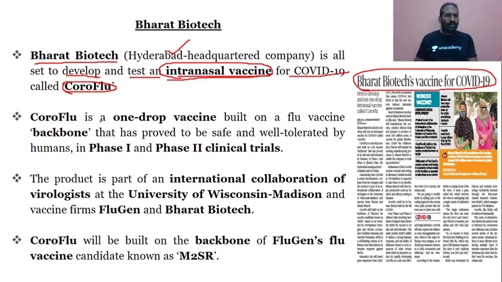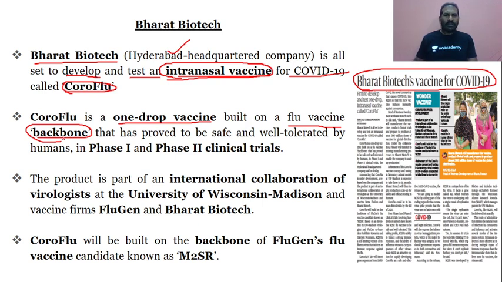So Coroflu is a one drop vaccine. It is an intranasal vaccine wherein you will go ahead with giving a one drop vaccine which is built on a flu vaccine backbone. So you have another vaccine which is based on another flu vaccine backbone.